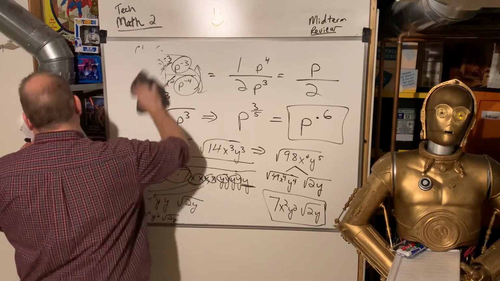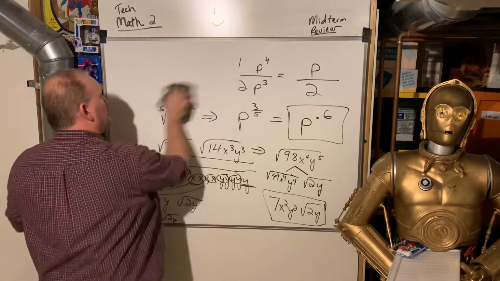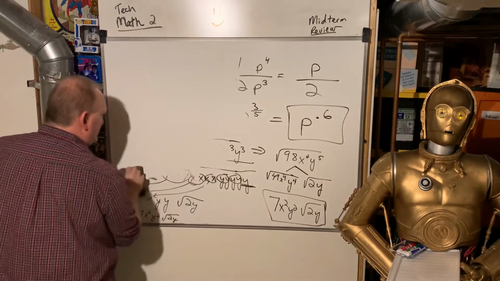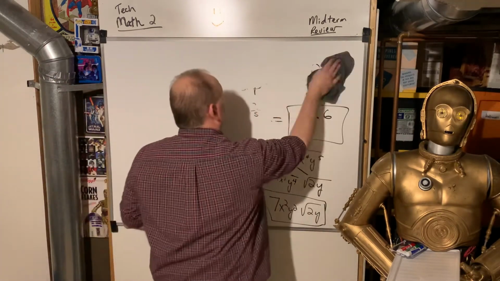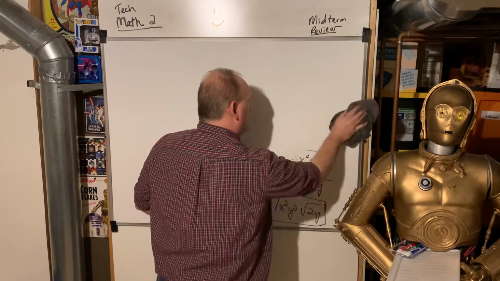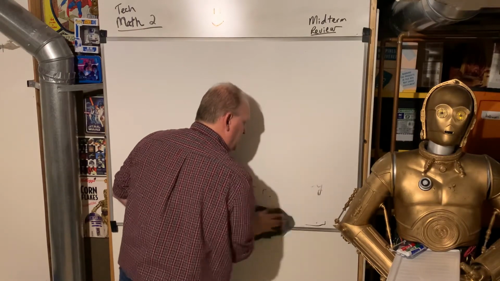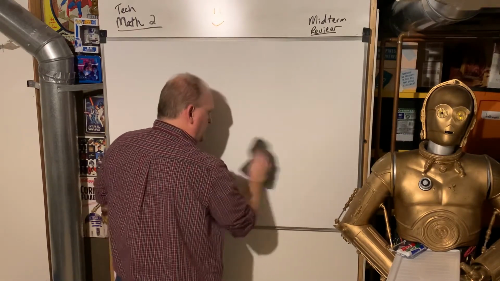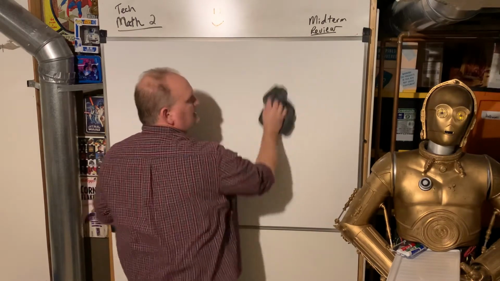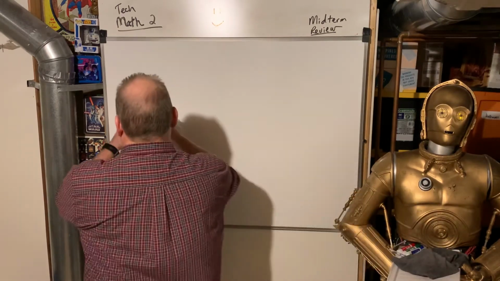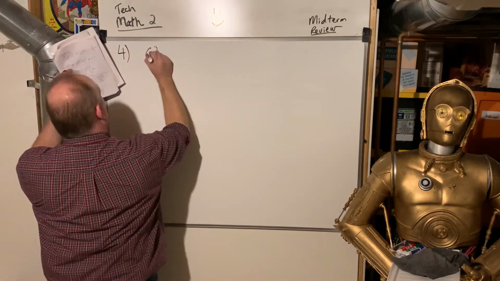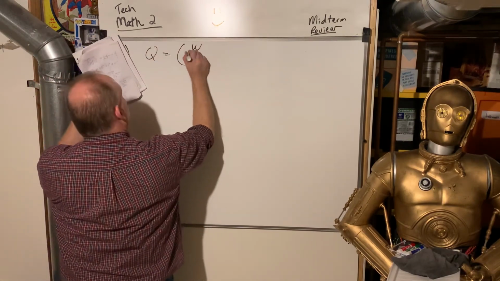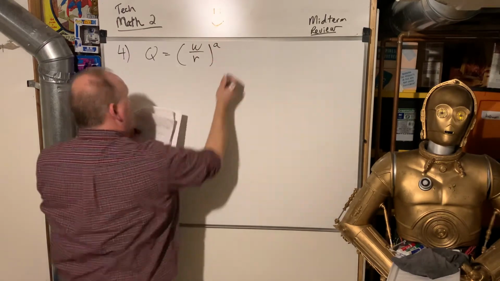Now, with number 4, it looks complicated, but it's probably the easiest one on this section in chapter 6. You just have to plug and chunk. So that is just a calculator problem, and there is one like that on the midterm, okay? So number 4, we have Q is equal to W over R to the A power.